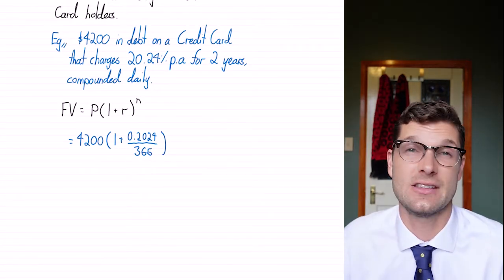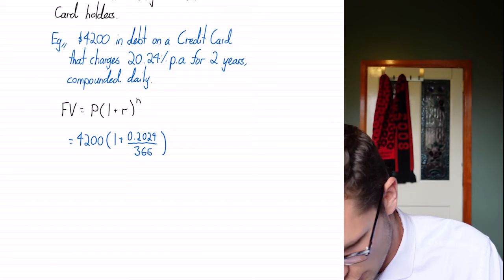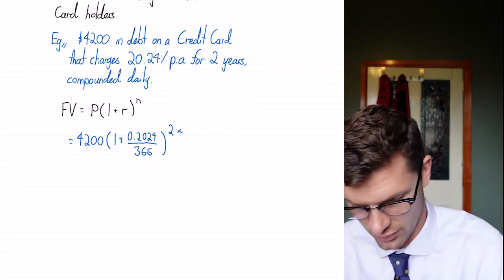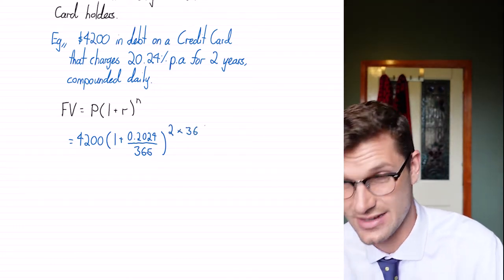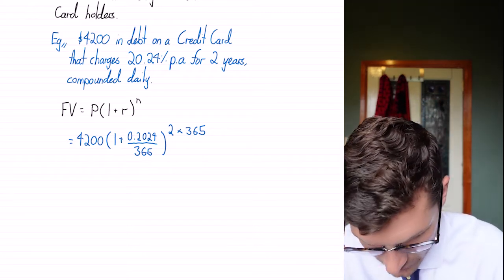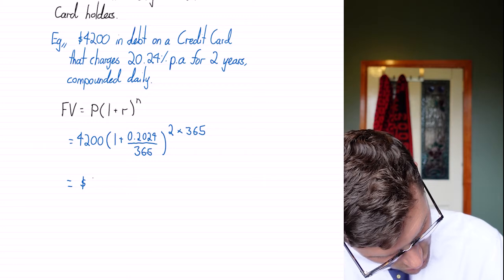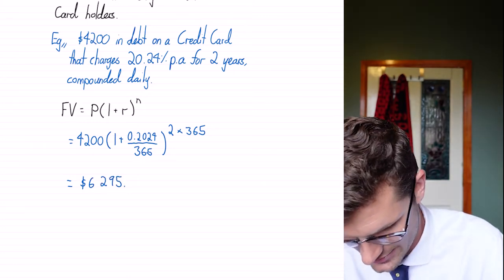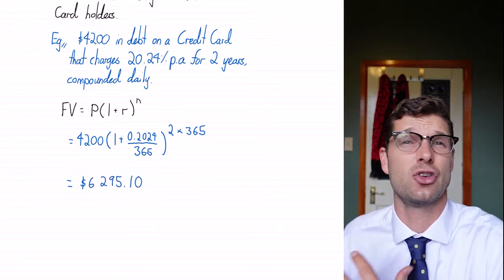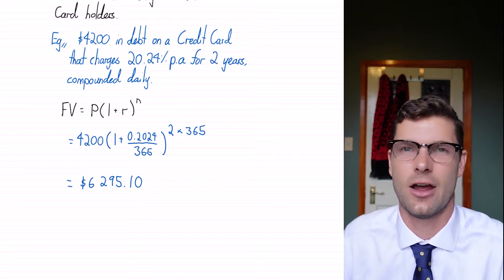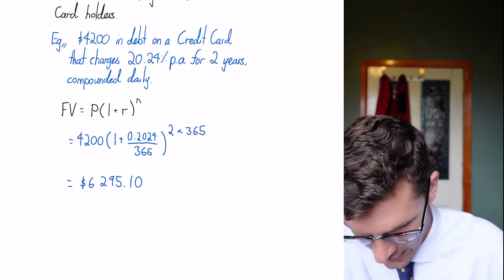Then we've got this debt for 2 years. So we go 2 multiplied by the 365 because it continues to rack up like that. If we type that into the calculator, we get $6,295.10. So in 2 years, you owe an extra $2,000, just because of interest.